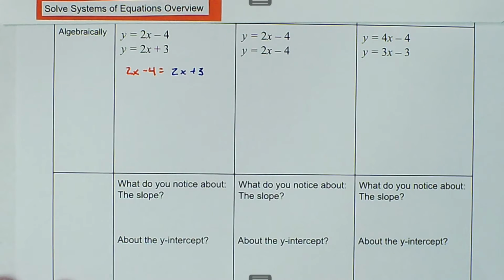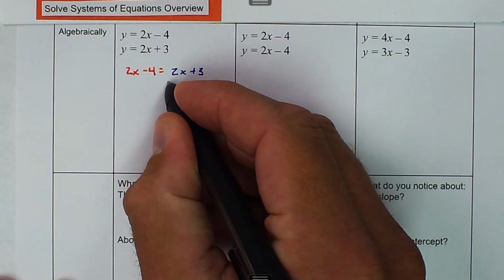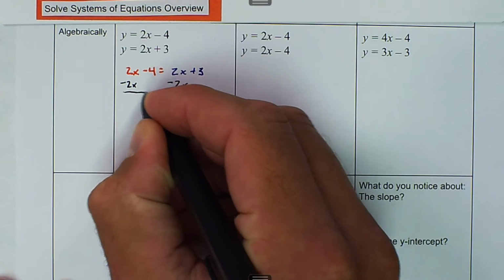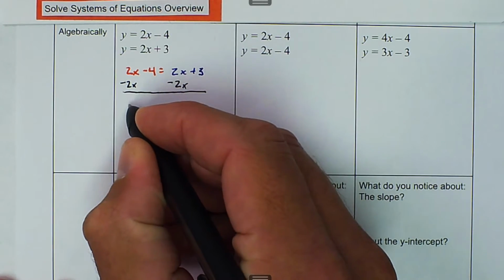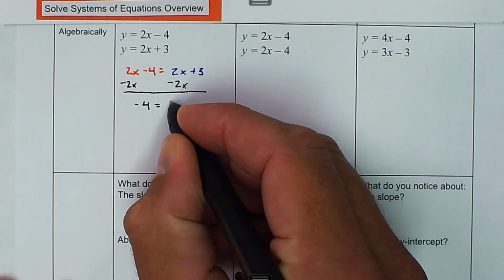We set them equal to each other because by the transitive property, they're both equal to y, so they have to be equal to each other. And then we can solve to get one variable by itself. So we subtract 2x from both sides. And then we get negative 4 is equal to 3.